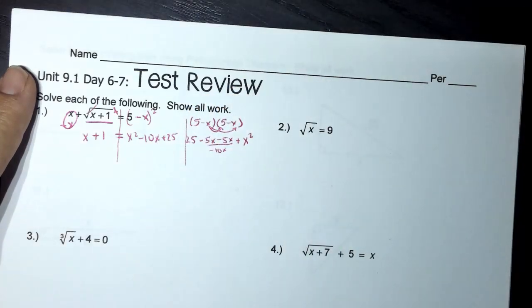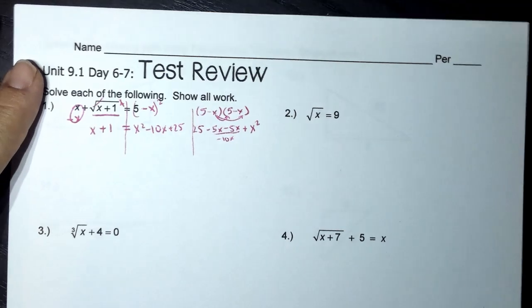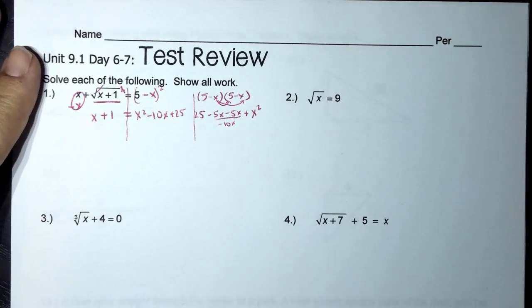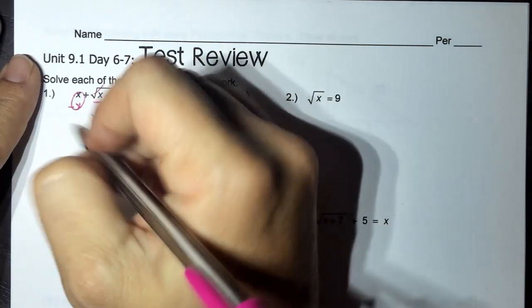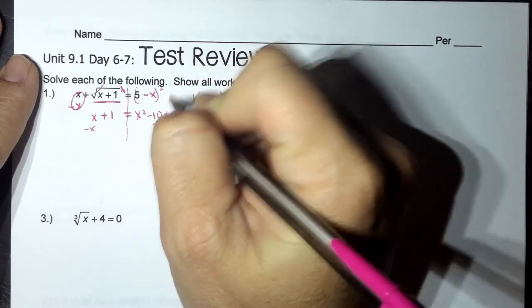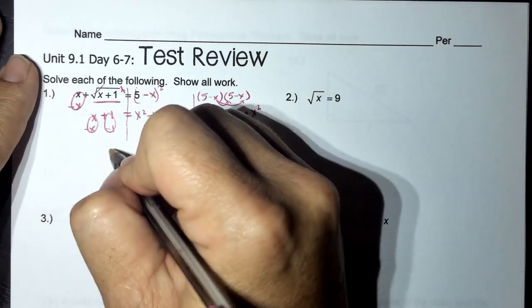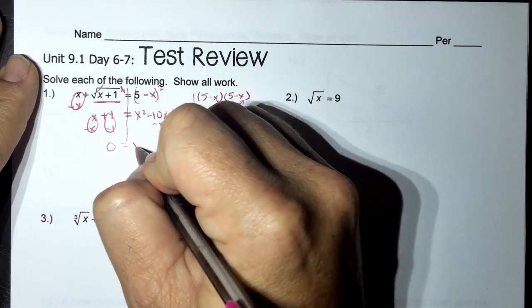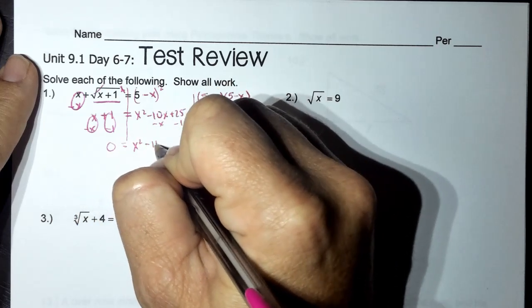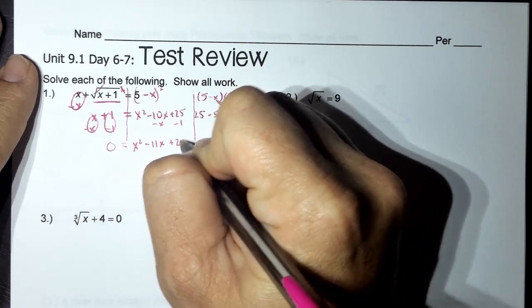Okay, so knowing that, because I have a squared, I have to get it equal to 0, so I can either factor or do quadratic formula. So minus x, minus 1, minus 1. So now the left side equals 0, equals x squared minus 11x plus 24.